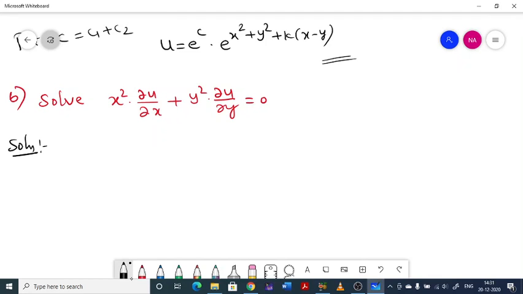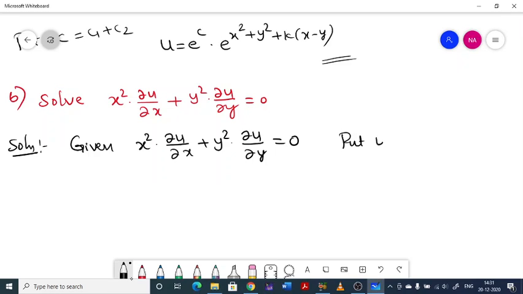Solution: given x square into dou u by dou x plus y square into dou u by dou y equal to 0. As usual, put u equal to X into Y, where X is a function in small x, Y is a function in small y.